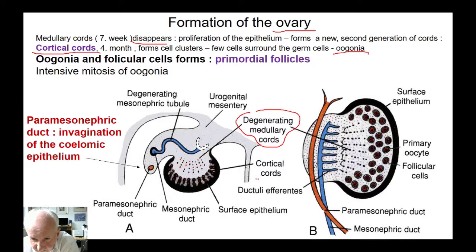And later, those epithelial cells from the coelom will surround the oogonia in one layer, and we will call them follicular cells, around intensively dividing. You can see divisions of oogonia, intensive mitotic divisions of oogonia. So the number of primordial cells and of primordial follicles is rising.